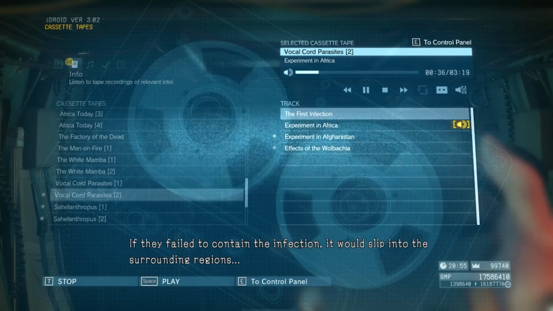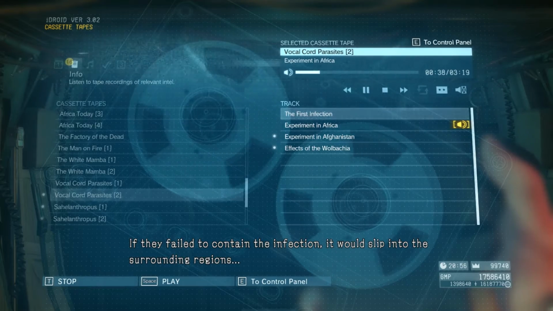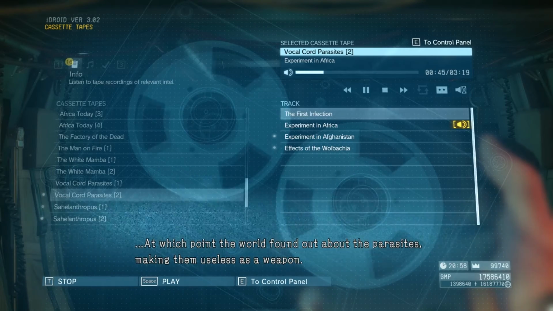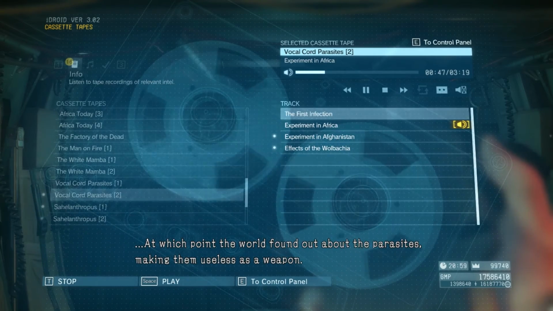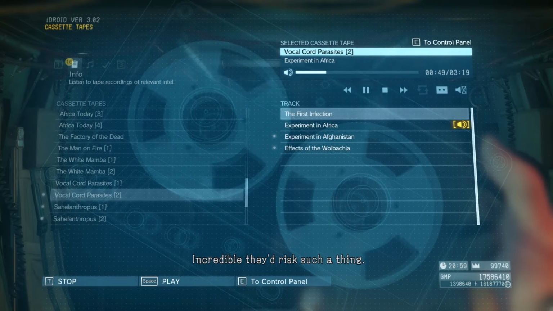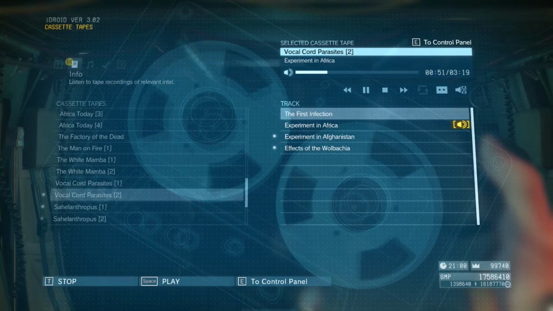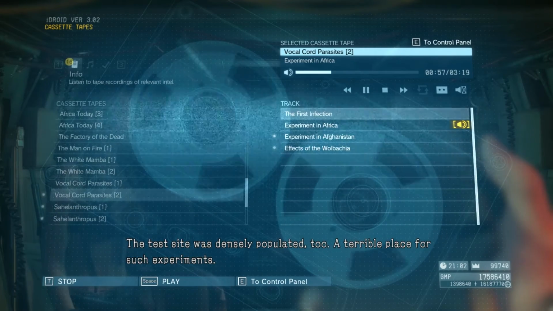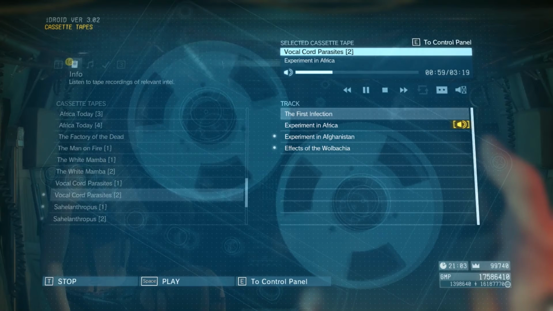If they failed to contain the infection, it would slip into the surrounding regions, at which point the world found out about the parasites, making them useless as a weapon. Incredible they'd risk such a thing. The test site was densely populated too. A terrible place for such experiments.